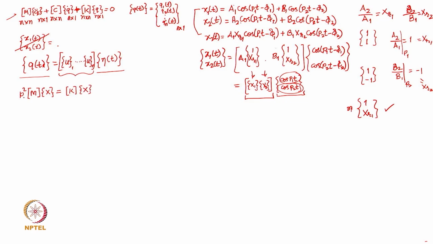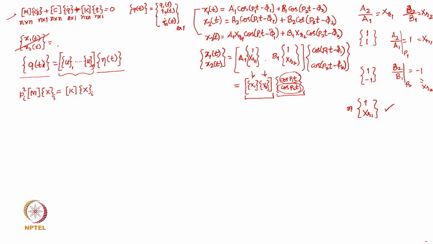Let us say the ith natural frequency squared times mass matrix times the mode shape, which is maybe the ith mode shape, was shown to be this way. Okay, this was the equation that we discussed the other day, right?